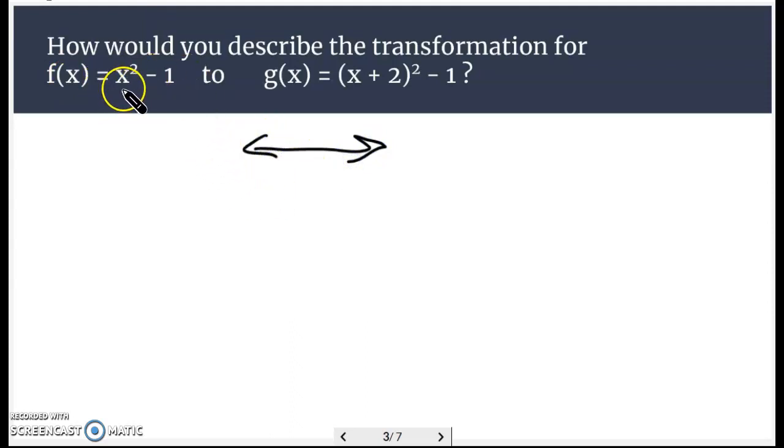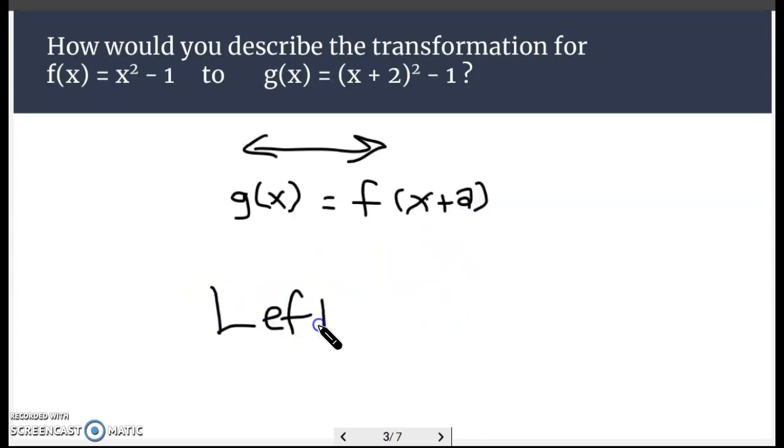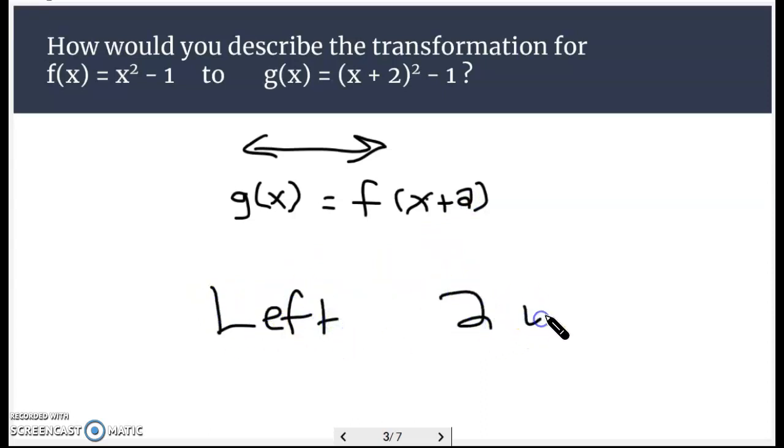The original f of x has had 2 added inside it. If you remember our chart from before, if I add 2, that means I'm going to the left 2 units.